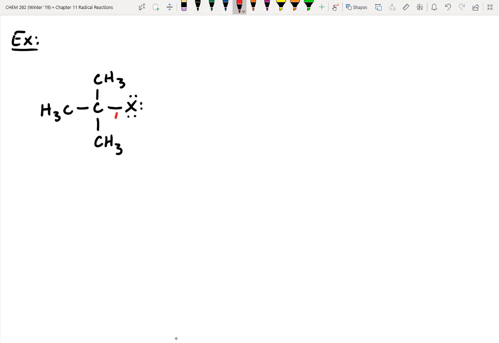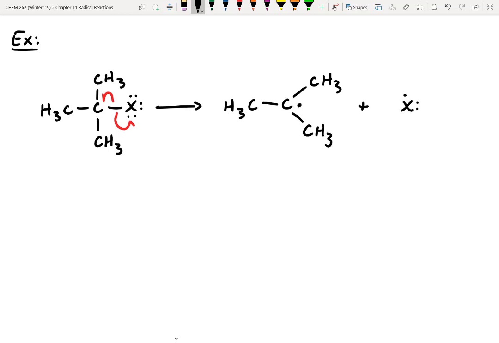So one of the electrons from this covalent bond will get dumped over to X. The other electron will get dumped onto the carbon. Now if we think about this, we have a central carbon that has one electron on it. And then we have our halogen that fell off that has 7 electrons. Therefore, it wouldn't have a net charge, right? Halogens normally have a valence of 7.